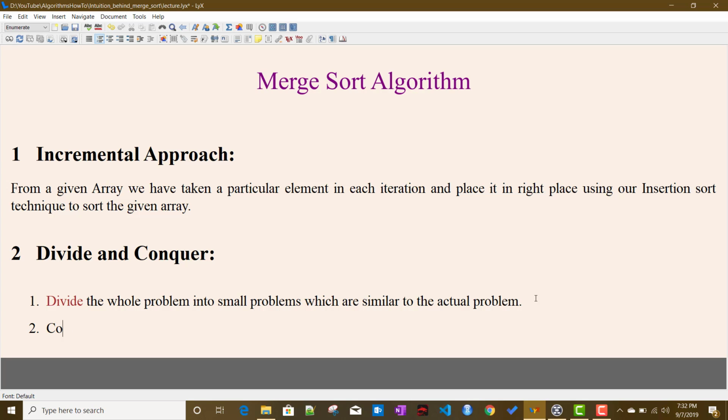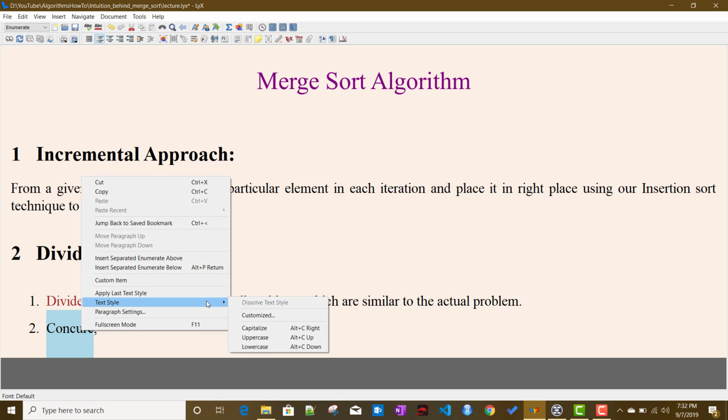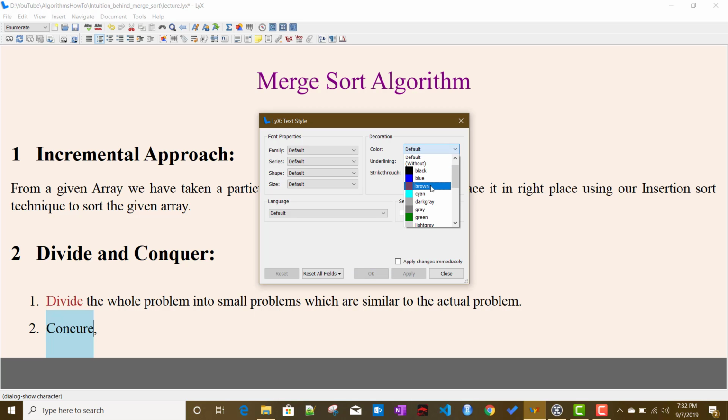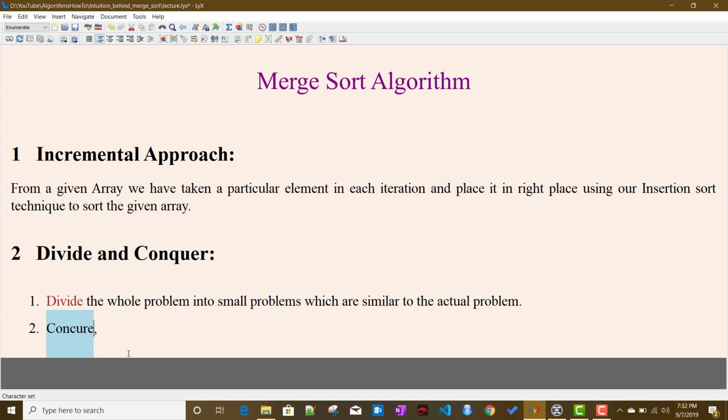In conquer, I'll color it again, we basically solve those small problems using some recursion method, recursively.